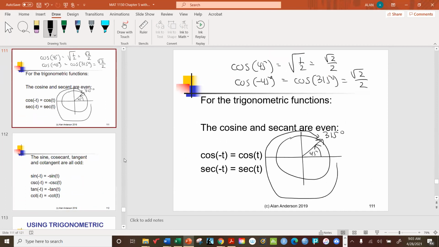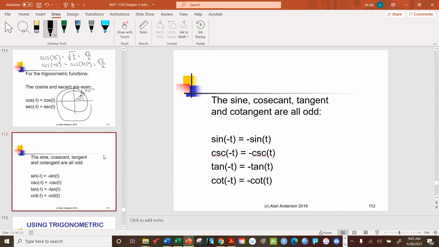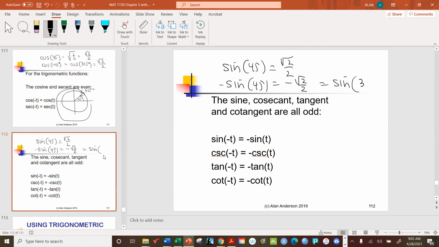Now, it turns out all the rest of them are odd. So let's just double check that once with sine. The other four are odd, and that means that if I take the sine of, let's say, 45, then negative the sine of 45 would be the sine of 315 degrees.